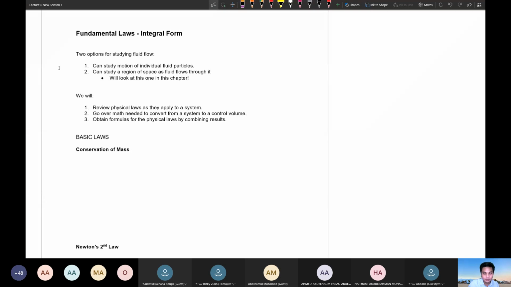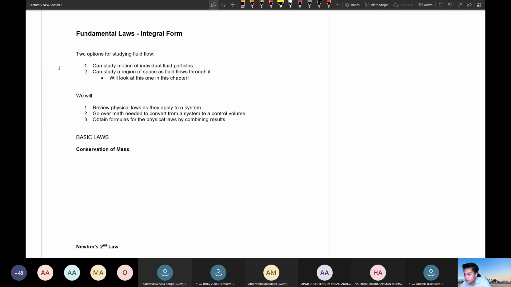Okay, so now in fluid mechanics, we need the integral form to solve fluid mechanics problems. In fluid mechanics, we can also view the problem as a differential form. For example, for a very small particle, the finite volume method, or any kind of motion or area, we can solve using the integral form.